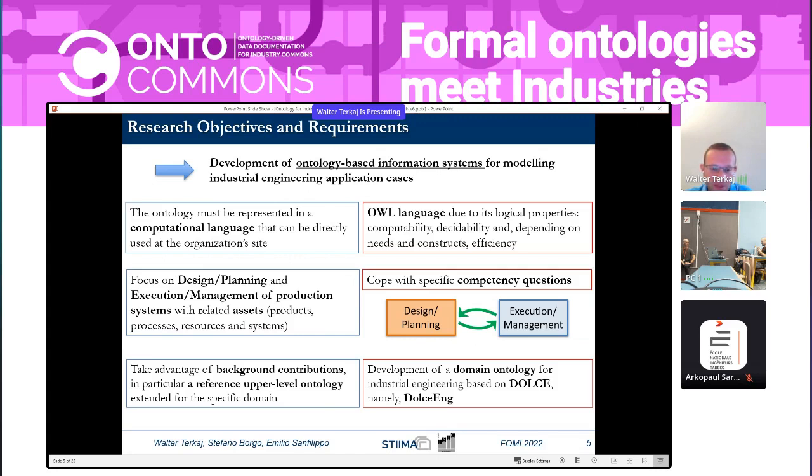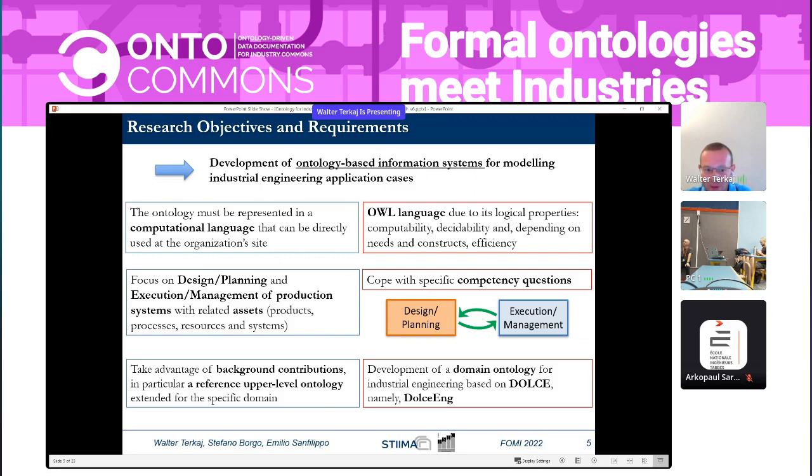Then about the scope, we wanted to support both the design and planning phase, but also the execution and management of production systems with their assets: products, processes, resources, facilities, and so on. To better explain this, we define a list of competency questions that can be grouped in the design part and the execution part, but not to be neglected is the link between the two sides.